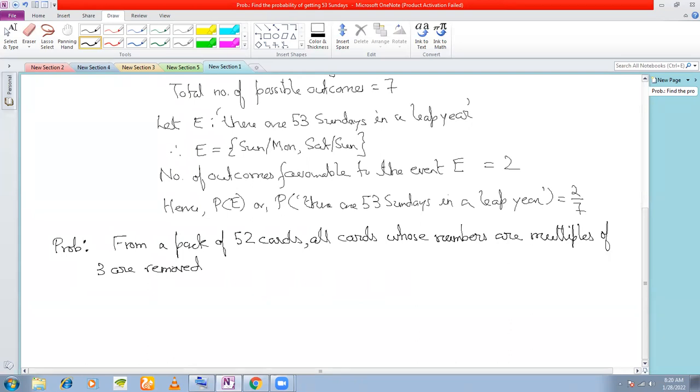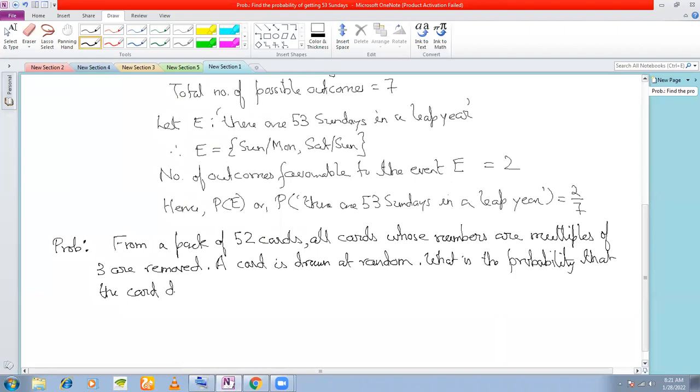A card is drawn at random. What is the probability that the card drawn is a face card?